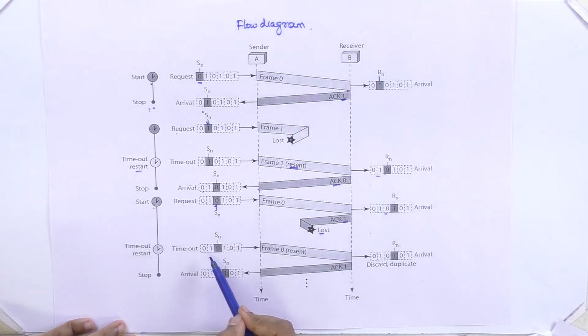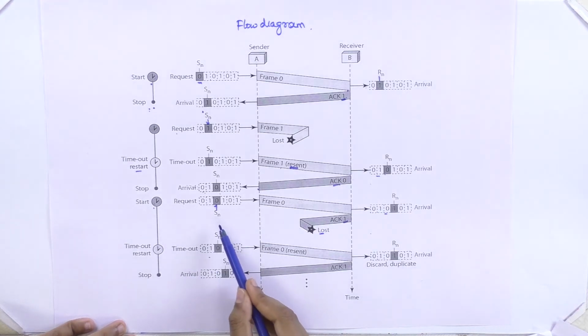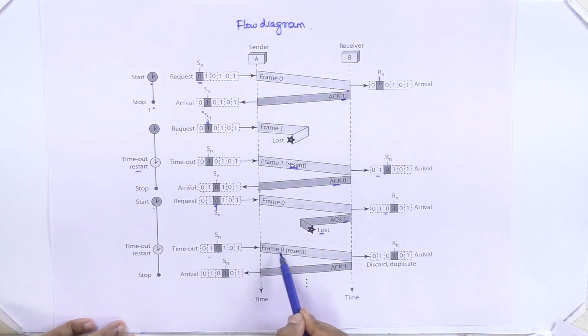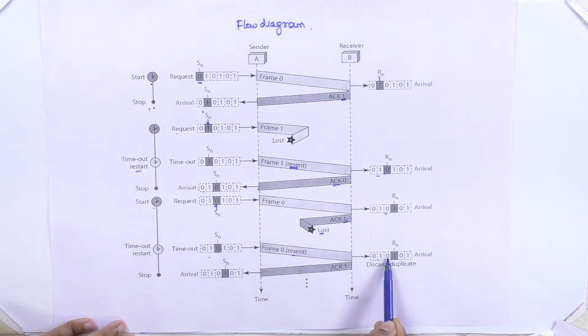So the sender has to send this frame 0 again, that is, it is resent, and there it has arrived. And finally the acknowledgement for the next frame 1 reaches the sender. So this is how your stop and wait ARQ processes.